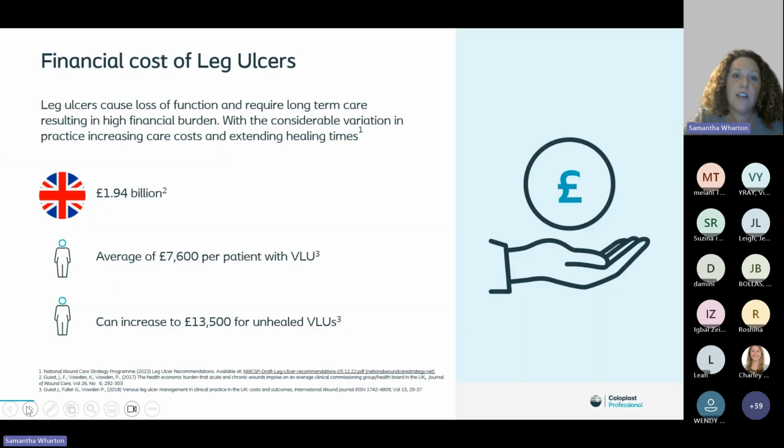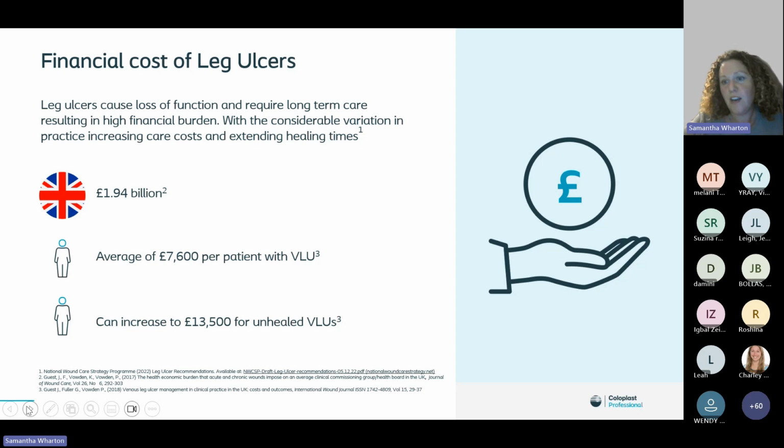Now looking at the financial costs of leg ulcers. Leg ulcers cause loss of function. They require long-term care, resulting in a high financial burden to the NHS: 1.94 billion just in the UK. The average cost of managing a patient with a venous leg ulcer is £7,600 per patient.